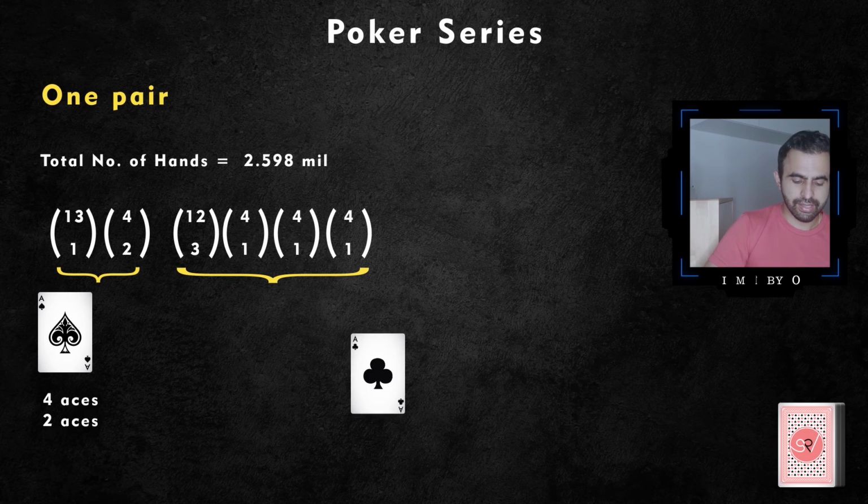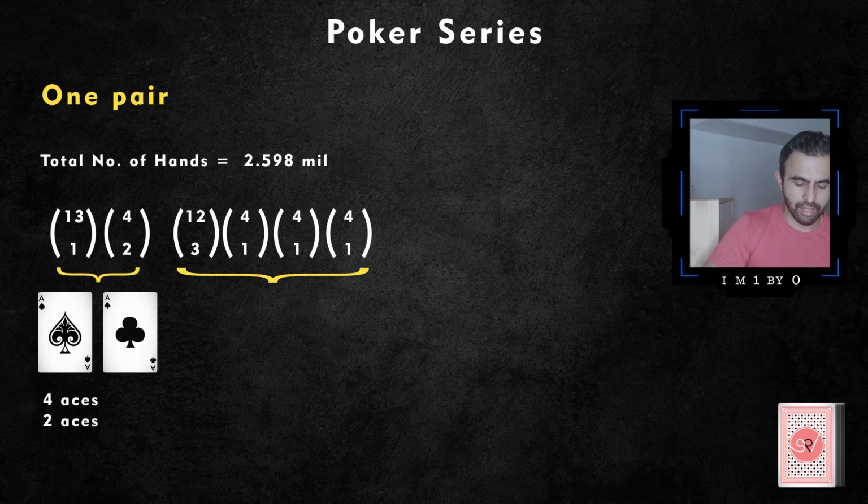Remember, this is me selecting a rank. Once I select a rank, then I'm restricted by that rank. So I need to select 2 cards that belong to the same rank. After selecting an ace to make a pair, I can't go and select 4 random cards. I'm constrained to the aces.